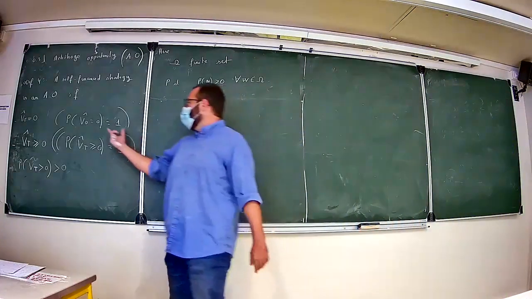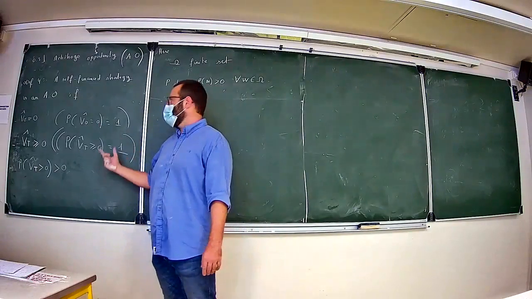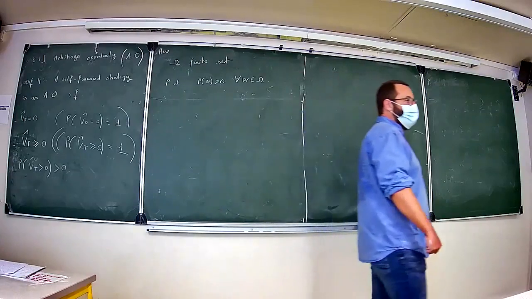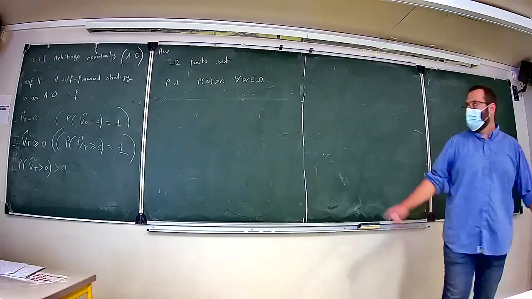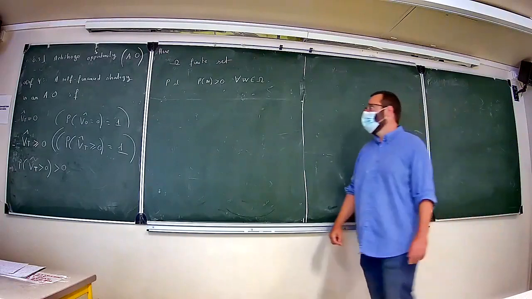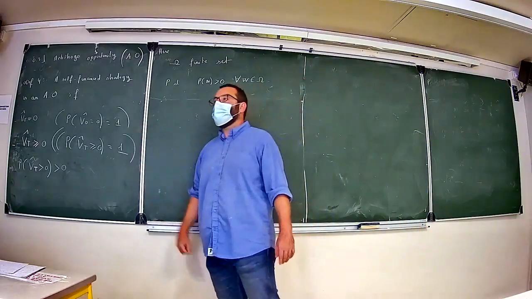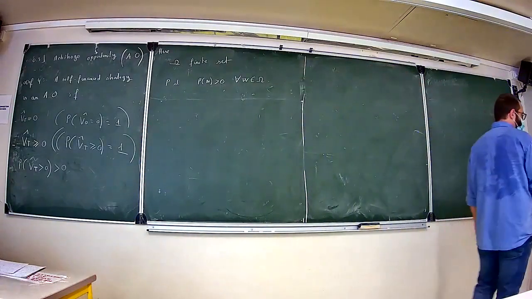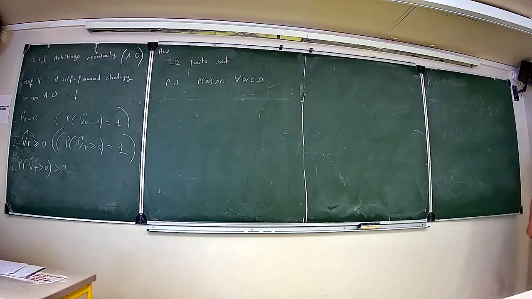Because the meaning of this one, to be 0 with probability 1 or to be 0 everywhere, in this situation is equivalent. To say that a property is true with probability 1 or that a property is true everywhere is equivalent in my situation here, because I have a finite number of points, all of them with a probability that is strictly positive.